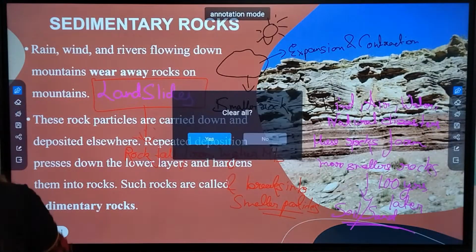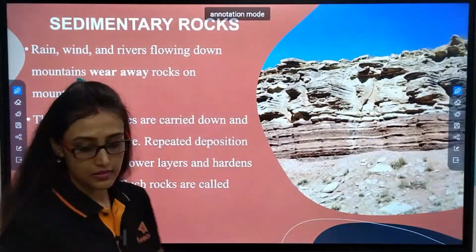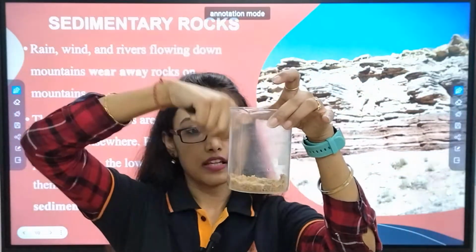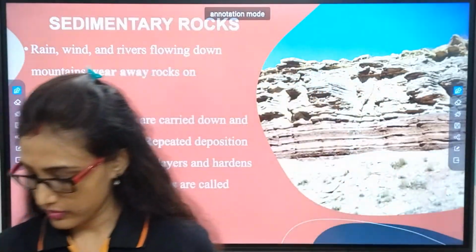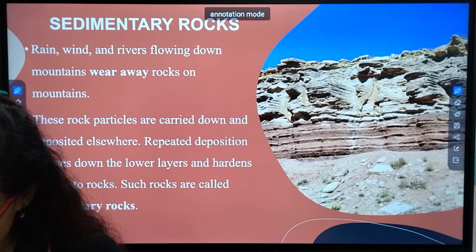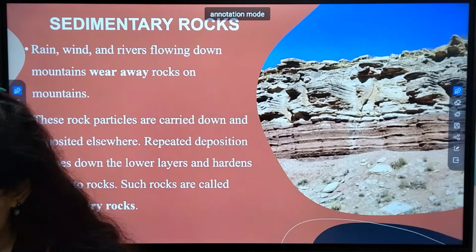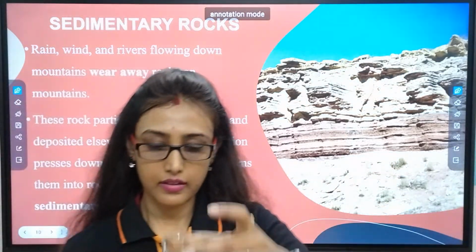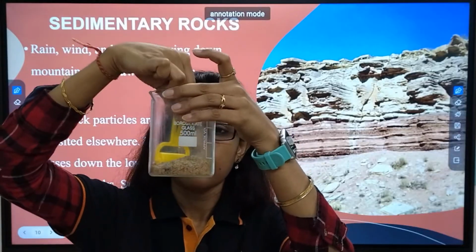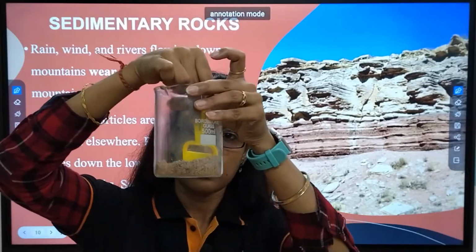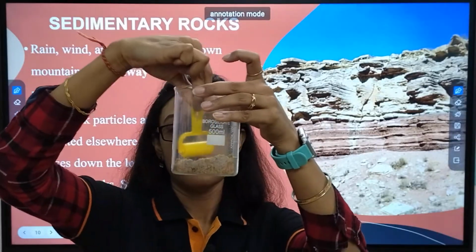Now in case of sedimentary rock, what happened? Just see, I have made a layer by pressuring the sand to settle down. Again I am adding more and more soil, again giving high pressure with the help of a roller.